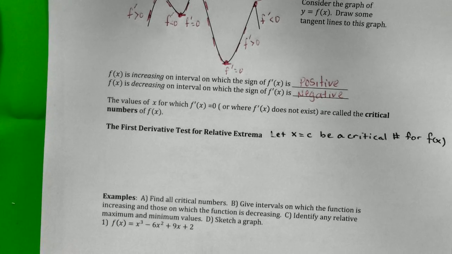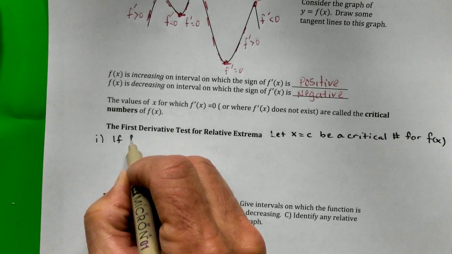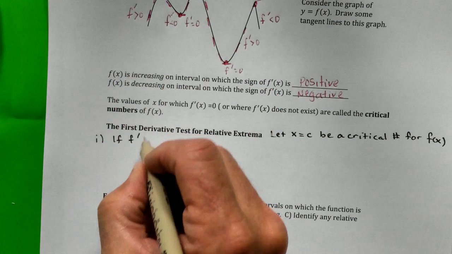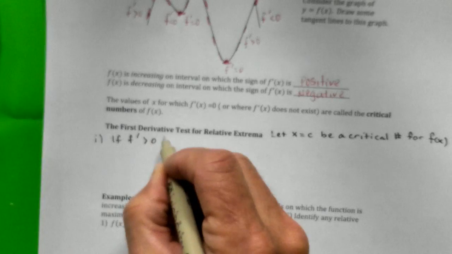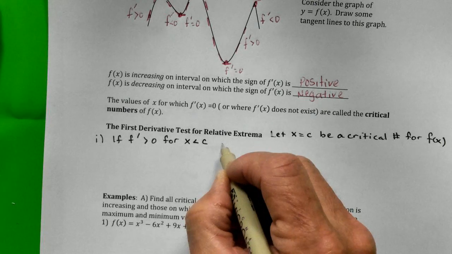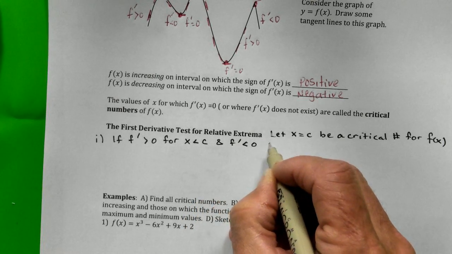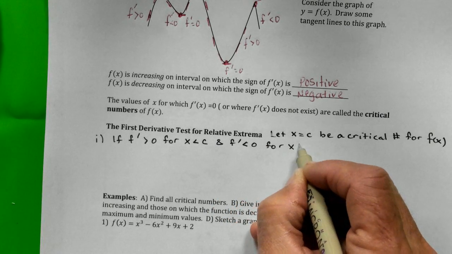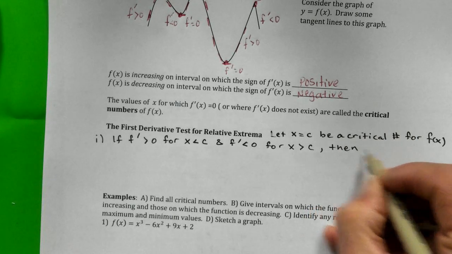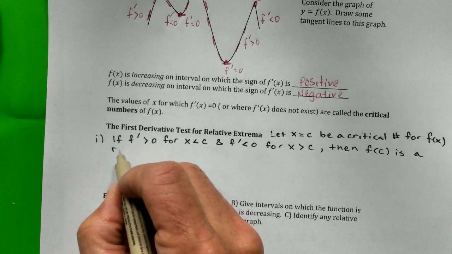So in words, if f prime is positive for x to the left of the critical number, and f prime is negative for x to the right of the critical number, then we know that f of c is a relative max.